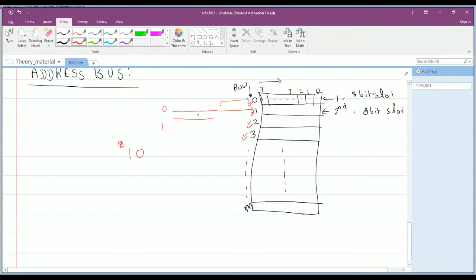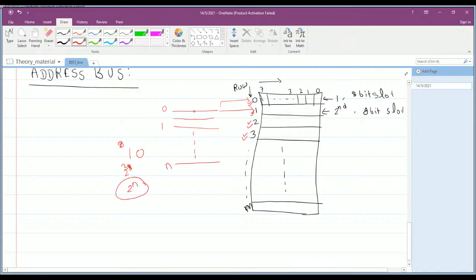So the more wires there are, the more locations we can access, right? If we have 3 wires, 2 to the power 3 different values can be passed, and based on that we can access a total of 8 different locations. Similarly, if there are n wires, we can access 2 to the power n different locations of the memory.